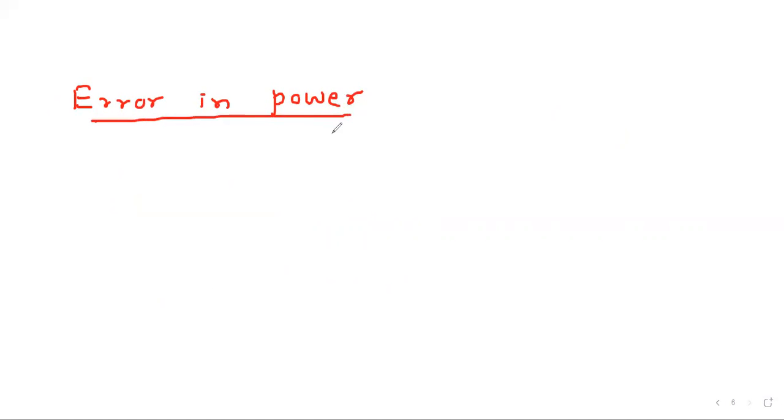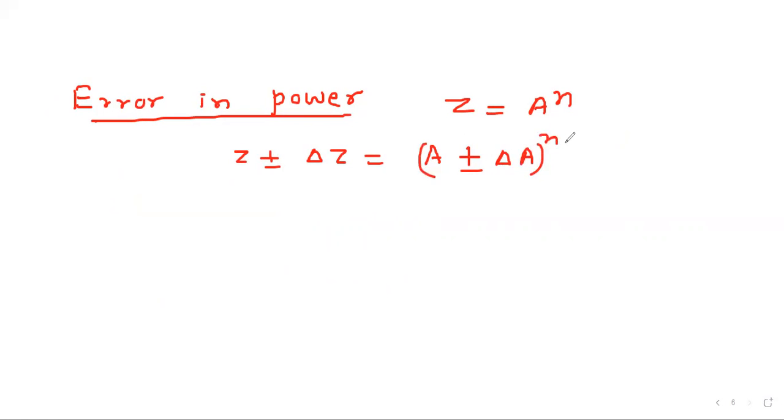So, we write quantity Z equal to A power n, and then error Z plus minus delta Z will be equal to A plus minus delta A to the power n, which is equal to A power n times 1 plus minus delta A upon A, whole power n.